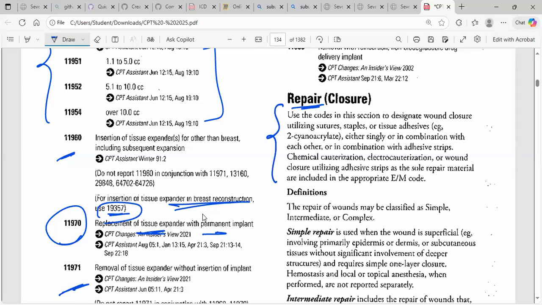For the repair, whenever there is a cut and the doctor is doing the repair or adding the suturing of that area, then we are going to use a code from the repair section. We have three types of repairs: simple, intermediate, and complex.